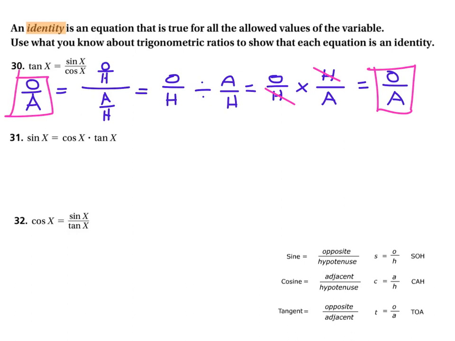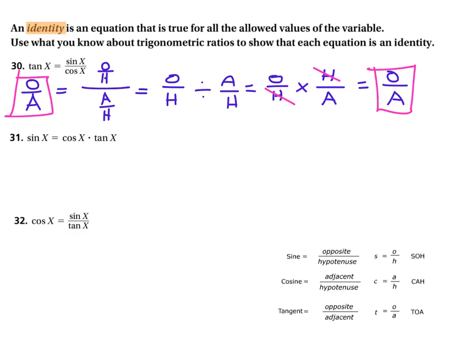So if you took the sine of some angle divided by the cosine of that angle, remember the sine of an angle and the cosine of an angle is just numbers that you get when you divide the ratios of the sides, right? If you did the sine of an angle, some number, divided by the cosine of that angle, some number, you would get the exact value that is the tangent of that angle.